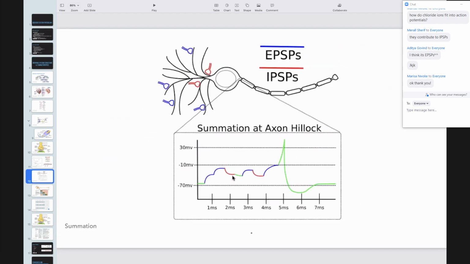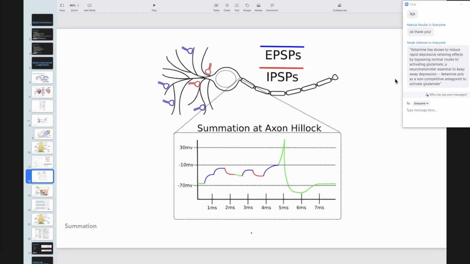So the change it has on the chemical properties of that membrane is it's going to turn it in the negative direction. So if you just have an absolute boatload of IPSPs, you can send the membrane potential even further negative. So that's why it is inhibitory. It's sending it away from the threshold potential, and you'll need more and more excitatory potentials to kind of override those. That's why it's inhibitory.